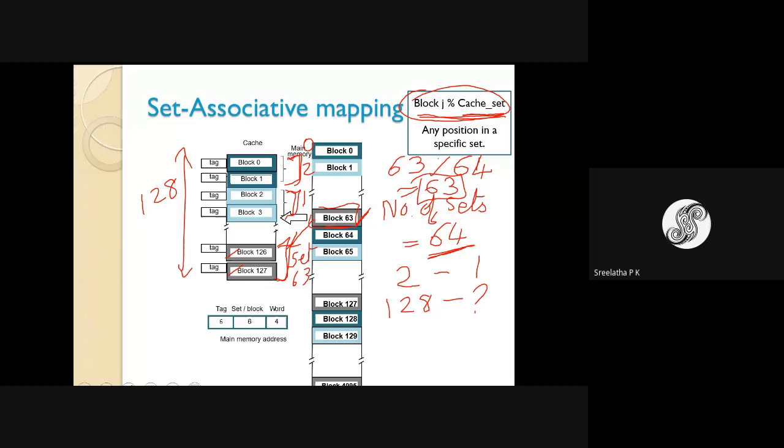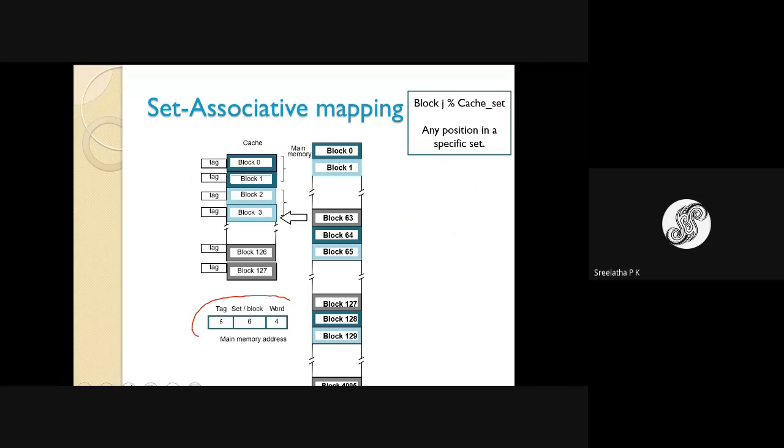After selecting the cache set, it can be placed in any block of that particular set. Any doubts, students? Before going to the address, how the address is got, we'll just discuss if there are any doubts. Any doubts?